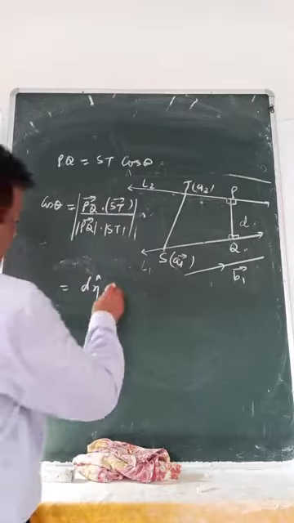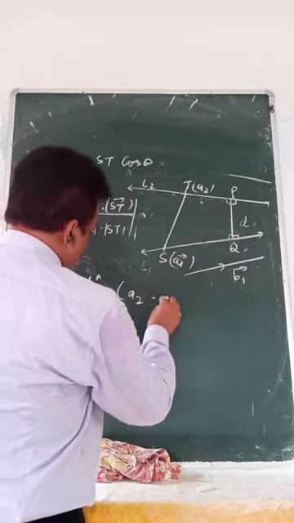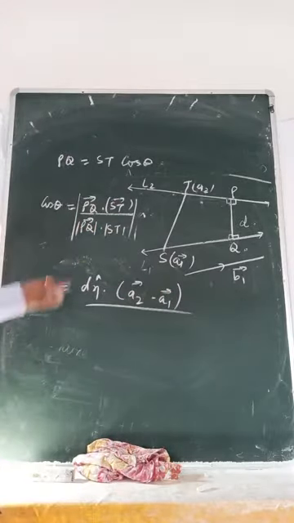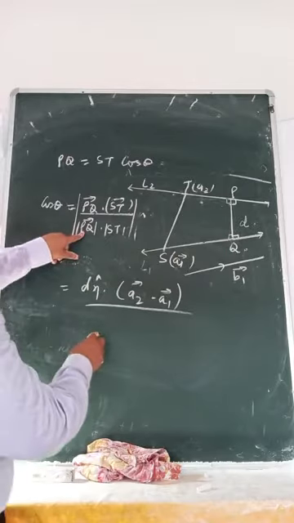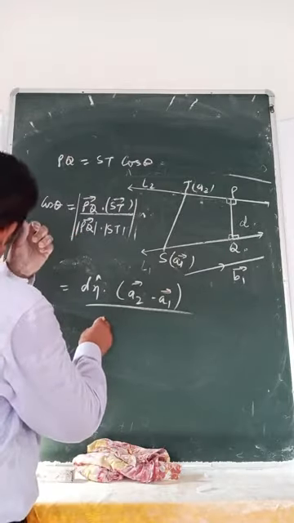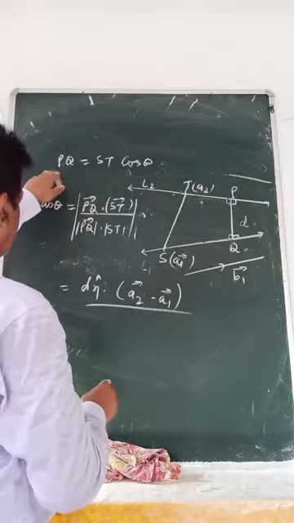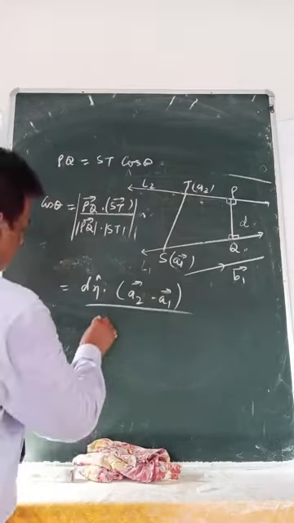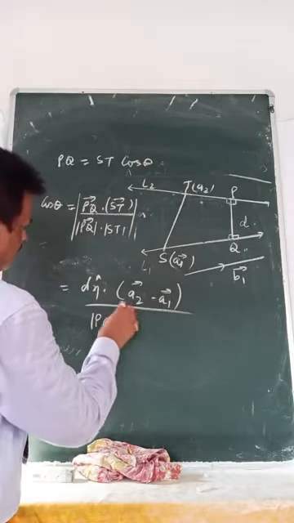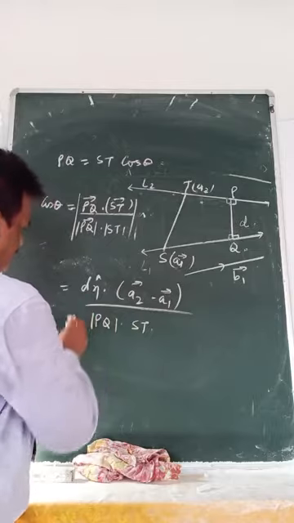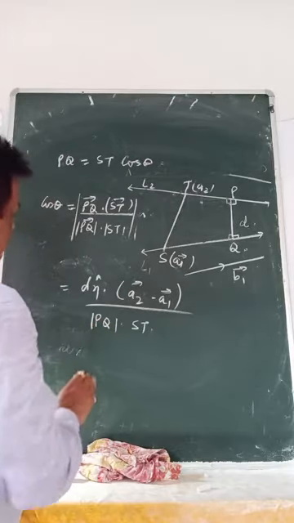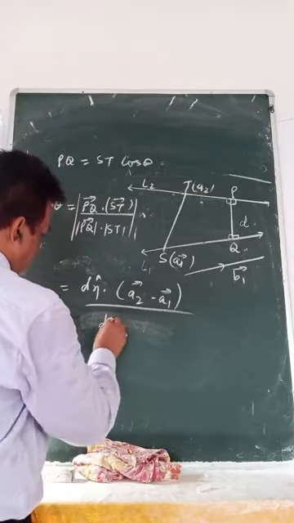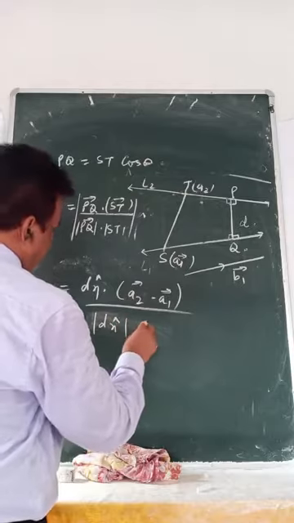ST is A2 minus A1, divided by the PQ modulus. PQ modulus is dn cap modulus and ST.